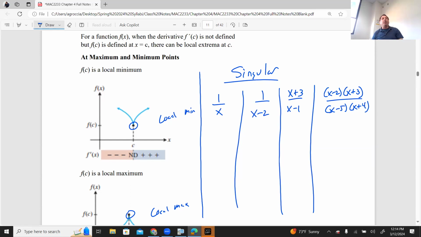Pretend somehow that all 3 of these are derivatives. Just somehow, mathematically, they all ended up being my derivatives. Not my originals, but my derivatives. If these were my derivatives, looking at the first example, what number could you plug in that would make this undefined?